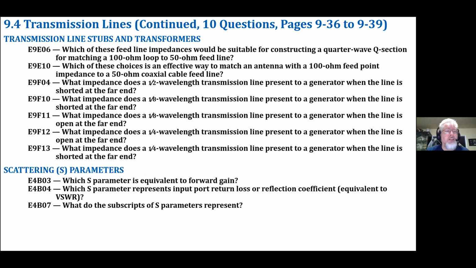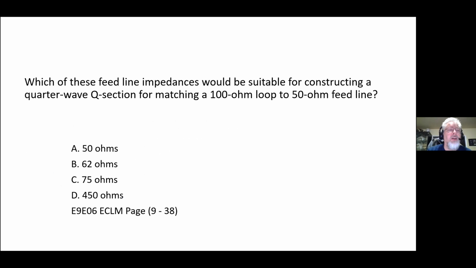Transmission lines continued. Transmission line stubs and transformers and scattering S parameters. Which of these feed line impedances would be suitable for constructing a quarter wave Q section for matching 100 ohm loop to a 50 ohm feed line?